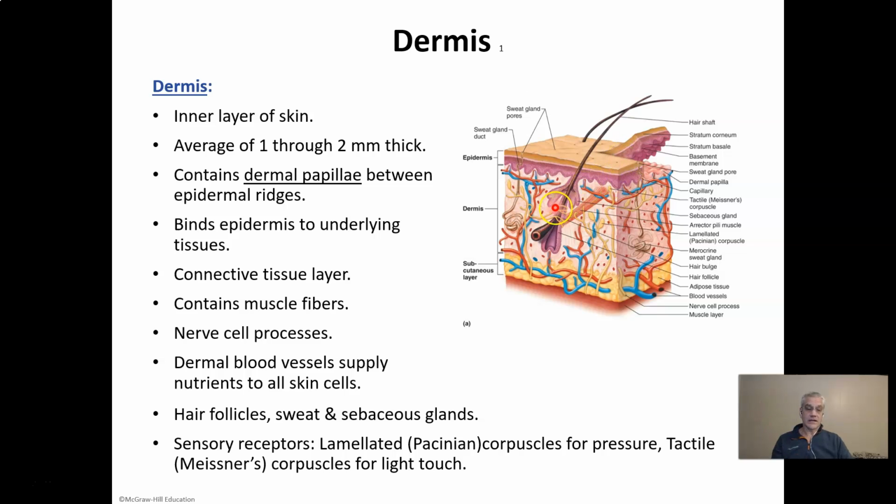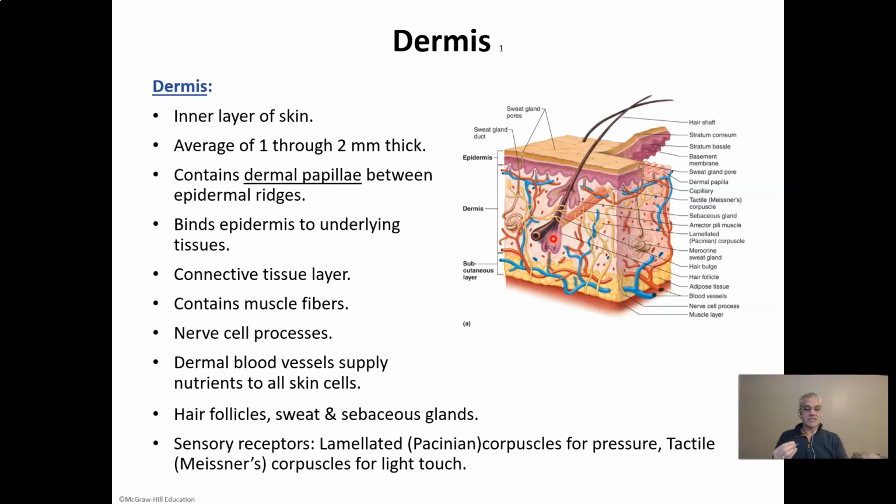If I point at this hair follicle and you say, oh, it originated from the dermis, no, it originated from epidermis, but it resides in the dermis. This is where it gets better strength to hold the hair shaft in place.